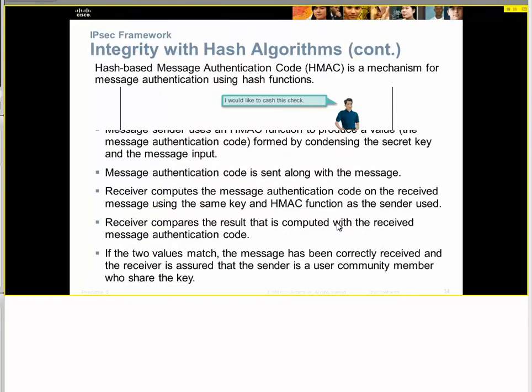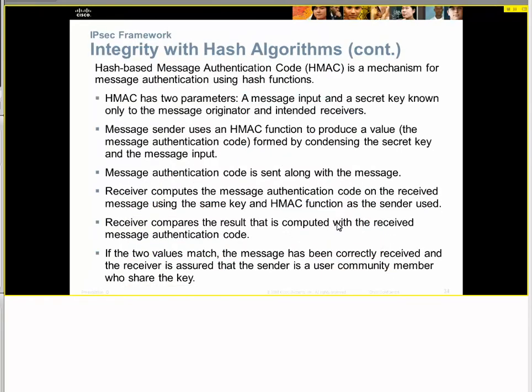The protocols that we are going to use for hashing are called hash-based message authentication. This is the mechanism. Now again, the mechanism requires several, in fact, two parameters: the message input and the secret key, and it actually has a third element, which is the algorithm.